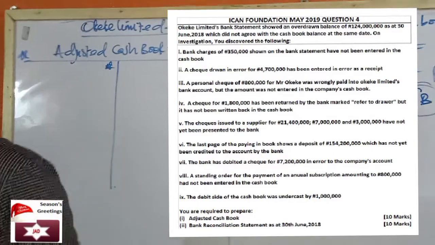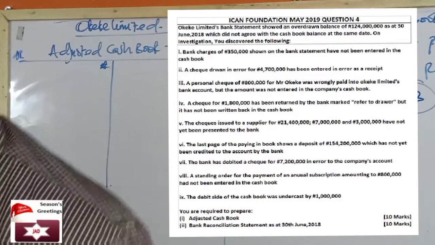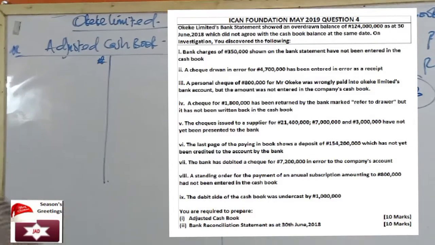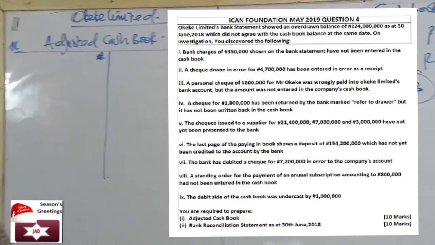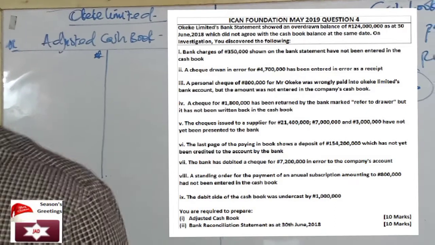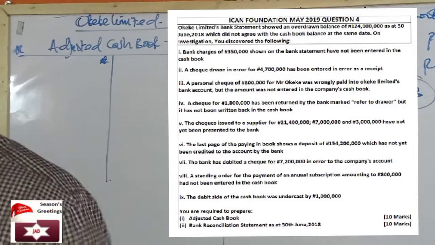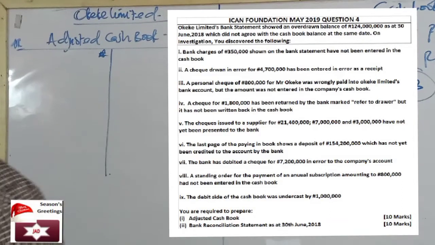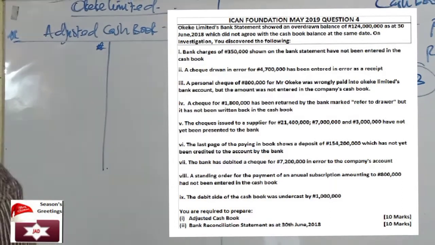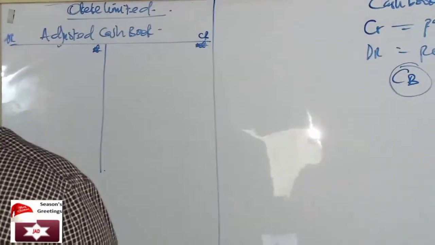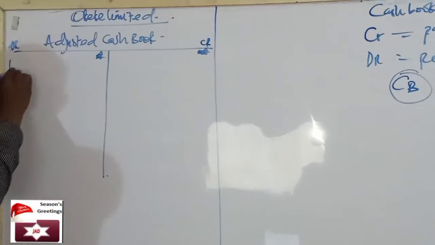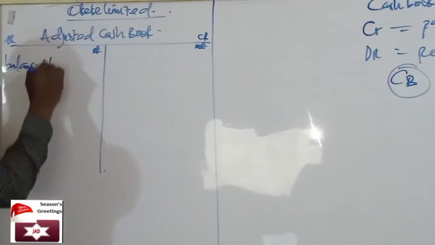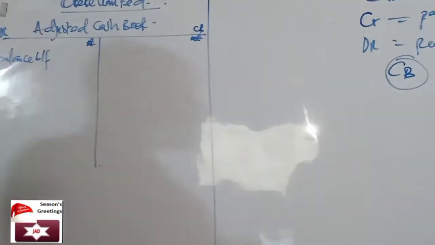Overdrawn means that he has used more than what he has in the bank account, of 124 million as at 30th June 2018, which did not agree with the cash book balance at the same date. I can't even see the cash book balance there. Hopefully, as we go through the investigation, we will see it. So we don't know what the cash book balance is yet. Let's say balance brought forward, and leave it. The next one there.